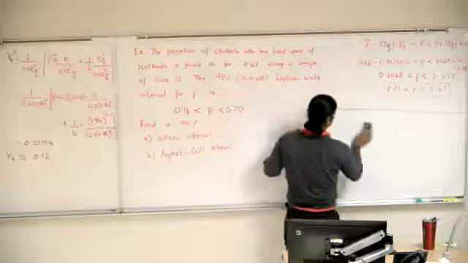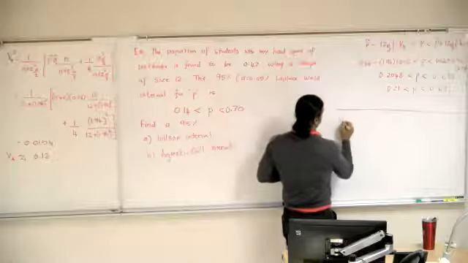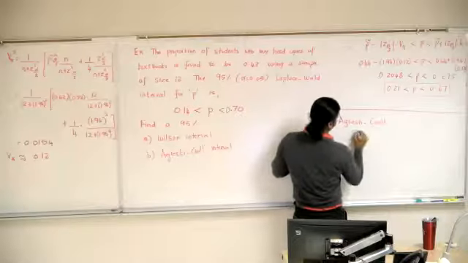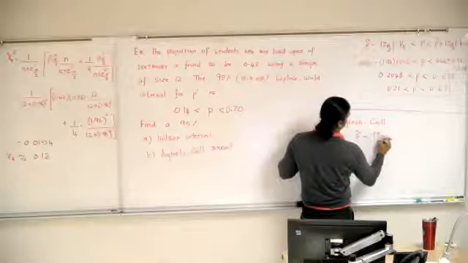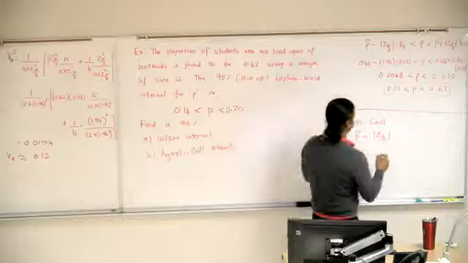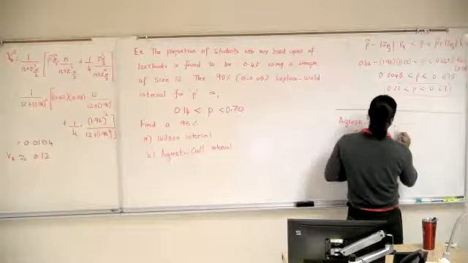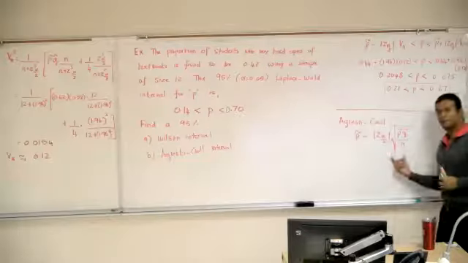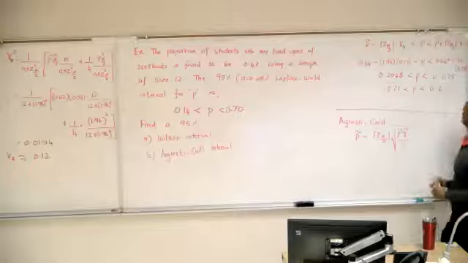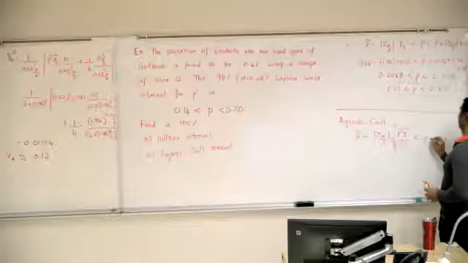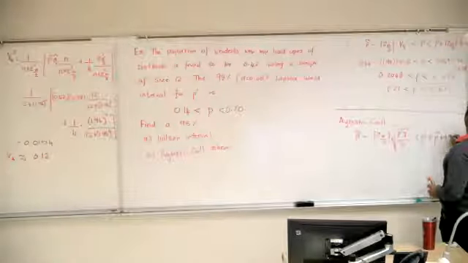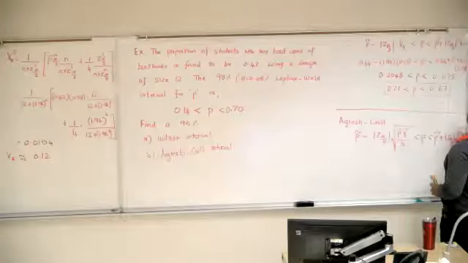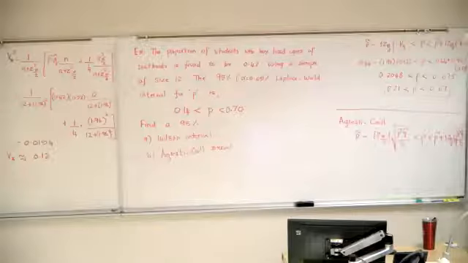The Agresti-Coull is easier. It's P tilde minus the absolute value of that inverse norm times the square root of P tilde Q tilde over n, that would be the Agresti-Coull standard error, less than P, less than P tilde plus absolute value of Z sub alpha over 2 times the square root of P tilde Q tilde over n.